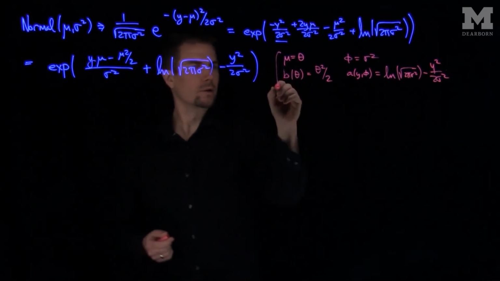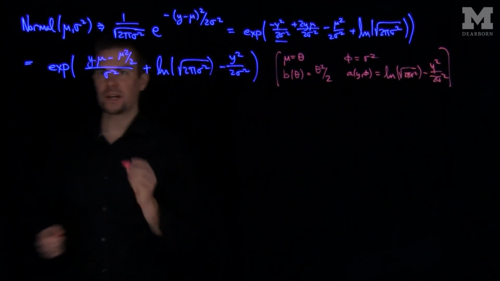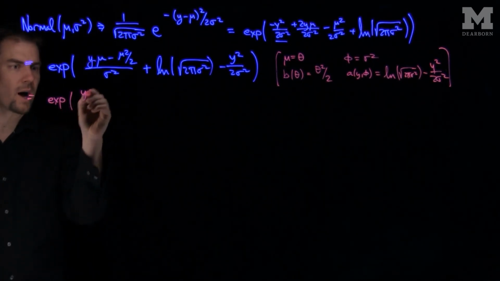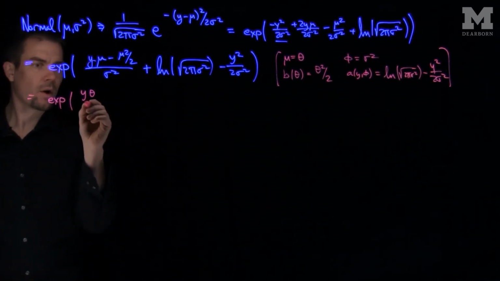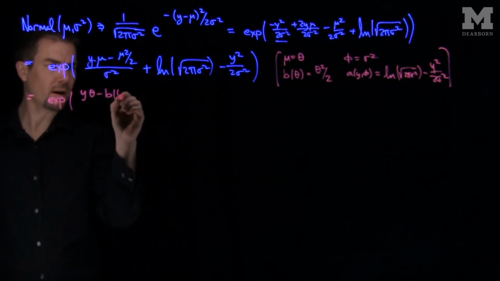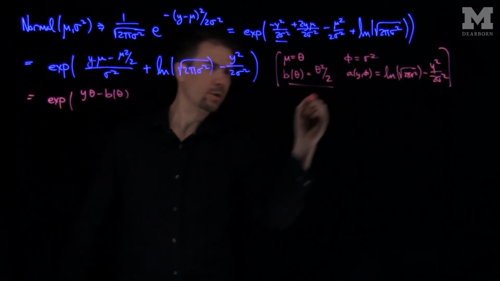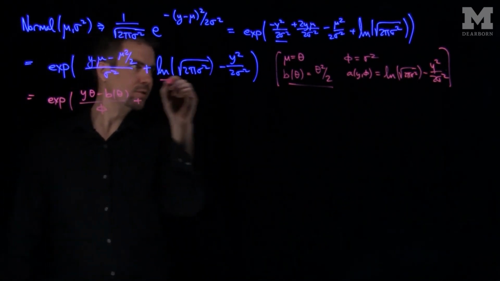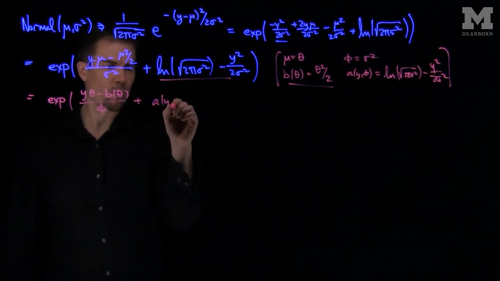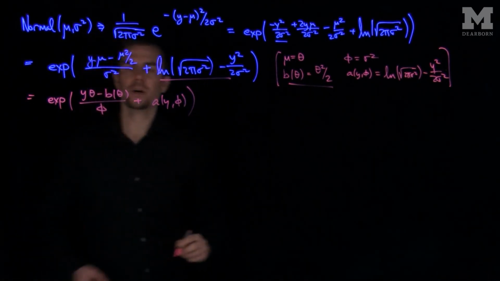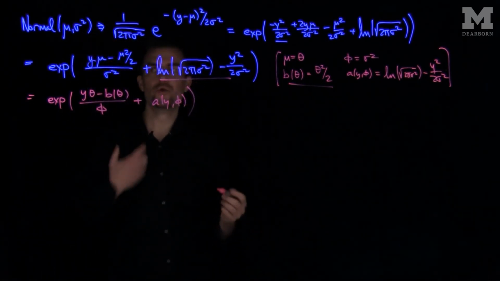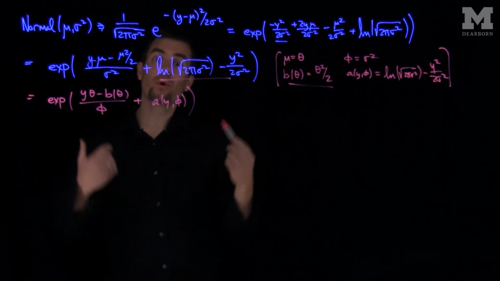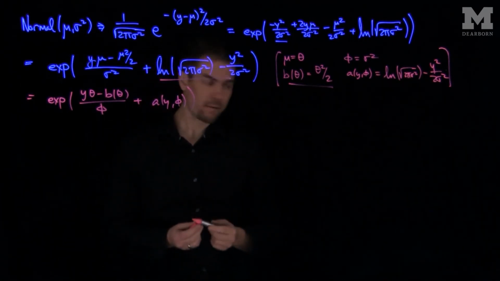Under this transformation, what we see is it becomes the exponential of y times theta minus b of theta, that's theta squared over 2, over phi, plus this whole thing over here I'm calling a of y phi. So we've shown that our normal mu sigma squared random variable can be put into the form of a linear exponential family.